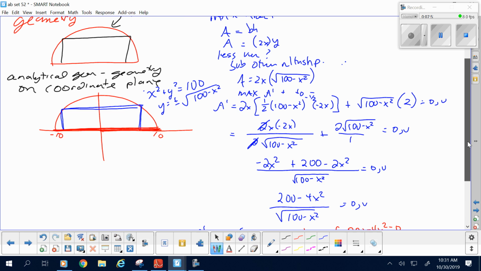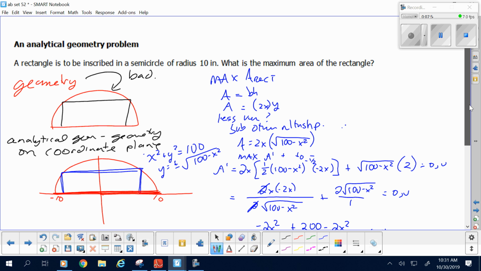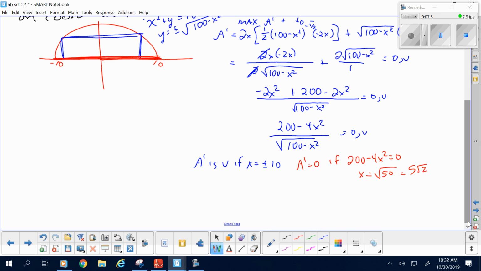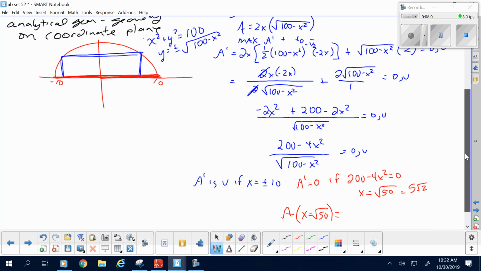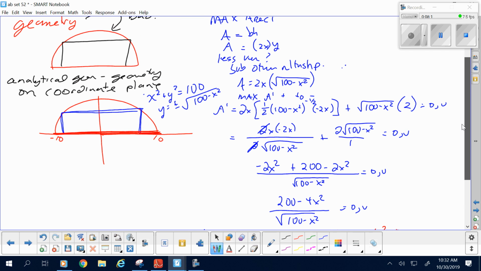All right. Last thing we have to do is make sure we answer the question, what is the maximum area? By finding x equals, did we find the maximum area? No, we need to find the area now. So the area when x is root 50 is, where's the area equation? So this guy, yeah?